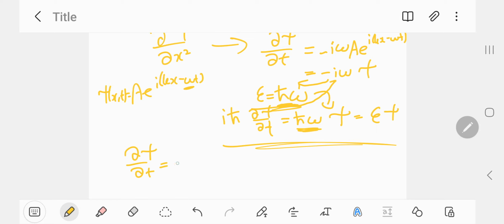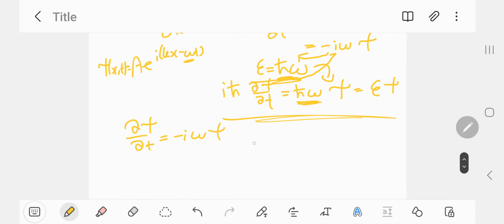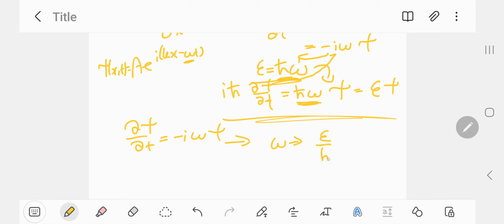So in other words, from this, I'll show you the working out. Omega has been replaced by E over h bar. So we get d psi over dt is just minus i E over h bar psi.